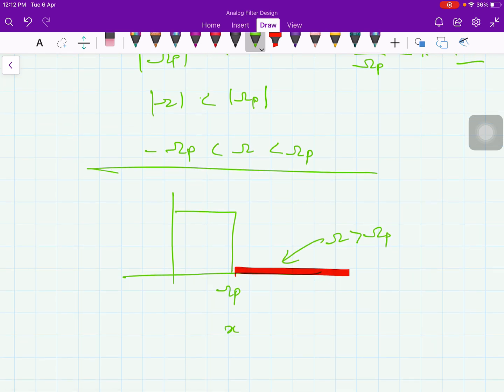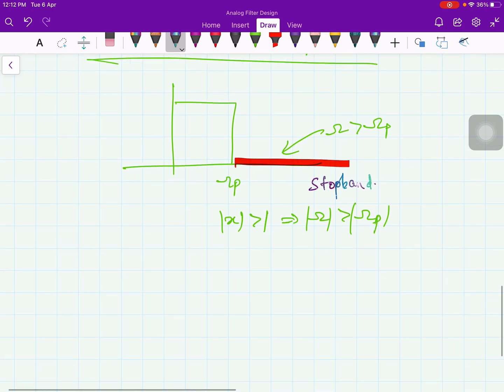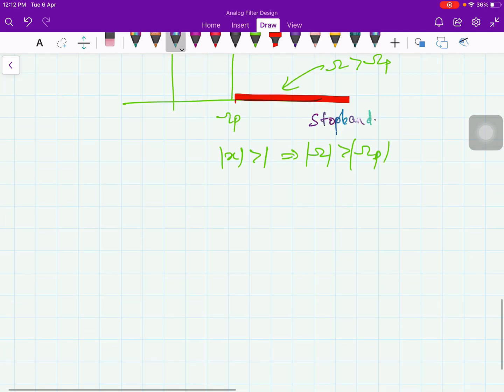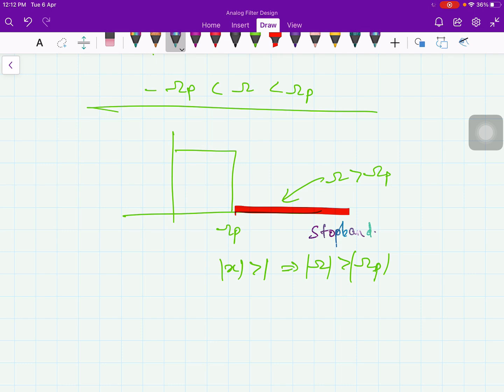When I say mod x is greater than 1, this implies mod of omega is greater than mod omega p. That means we are talking essentially about the stop band. In the stop band we gave the expression with the cosh hyperbolic function. Therefore in the stop band the function is monotonic, and the magnitude characteristic will be monotonic beyond the pass band.